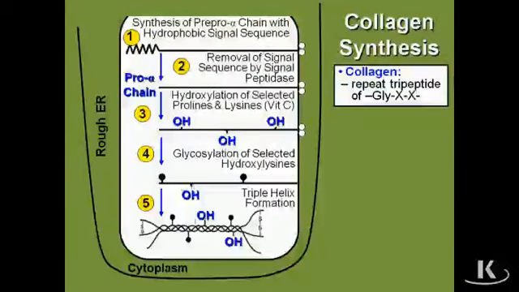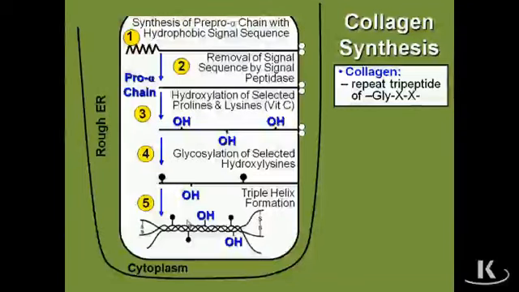And the last step that happens in the endoplasmic reticulum is the association of the pro-alpha chains into a triple helix. So 3 pro-alpha chains can come together to form a triple helix of collagen. At this point, the collagen can then be secreted out into the cytoplasm.